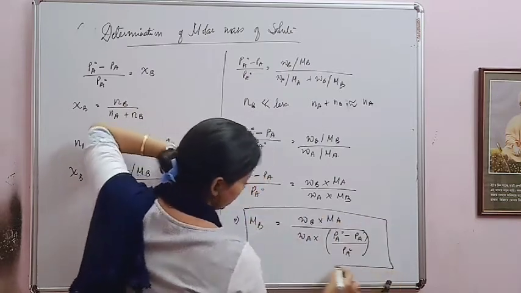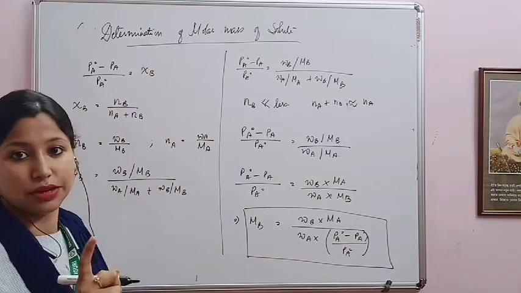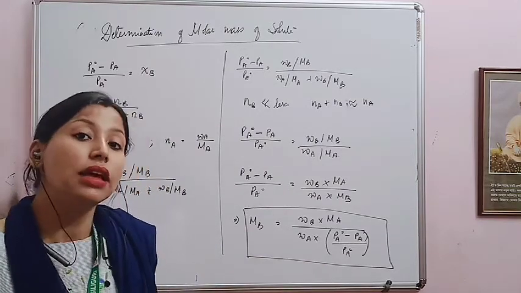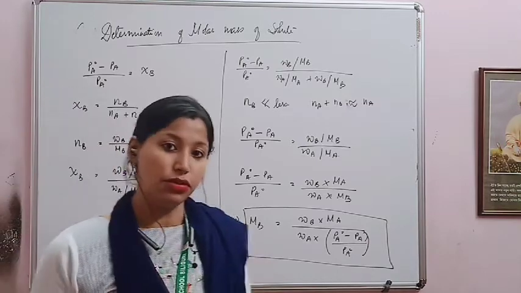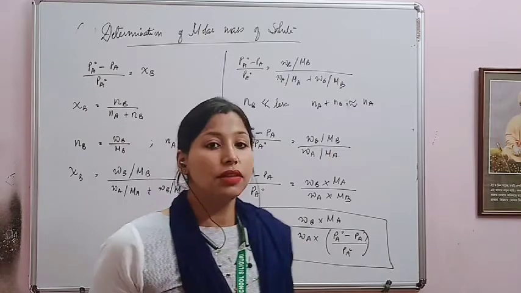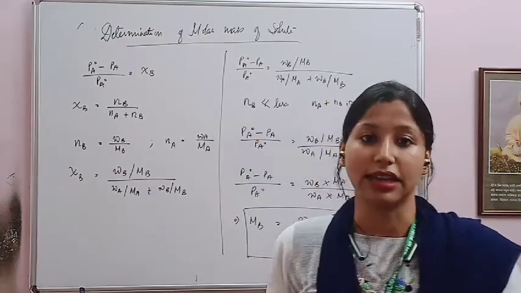Okay, so this is the final relation. Using this formula, you have to calculate the molar mass of the solute that will be asked to you in numericals. These numericals we'll do in the next lecture.